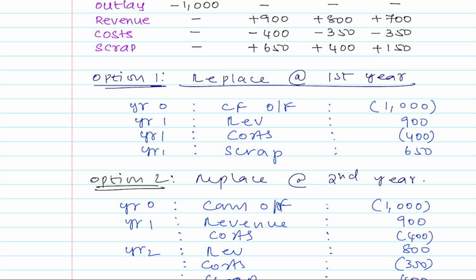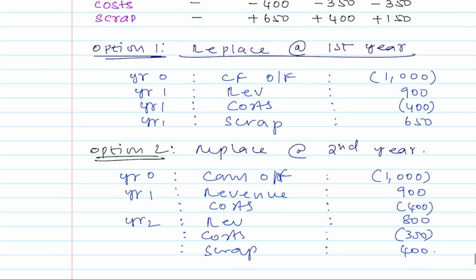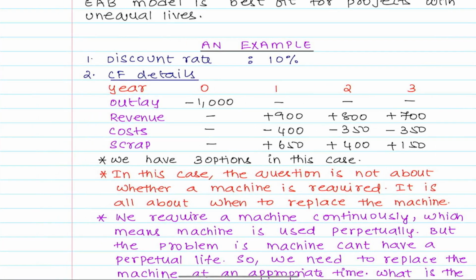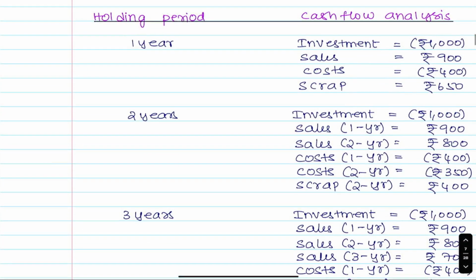Step number 1, the summary of all the cash flows. Everyone understood clearly? Copy down. Keep the heading. Step 1, summary of cash flows. Write down like this.